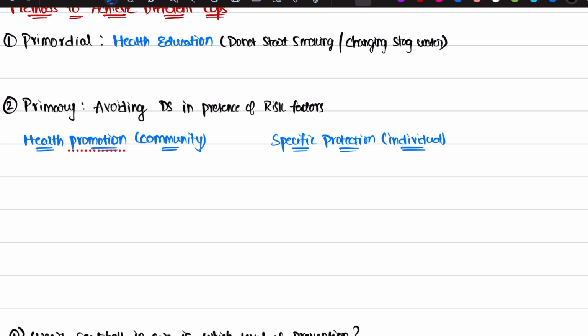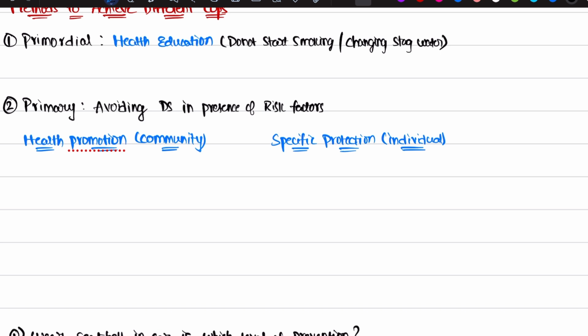In the primary levels of prevention, there will be health promotion and specific protection. What does health promotion mean? If the government asks to do some things to prevent the disease, these are all health promotions. If you wear a helmet while driving, or wear a seat belt, these come under specific protection.